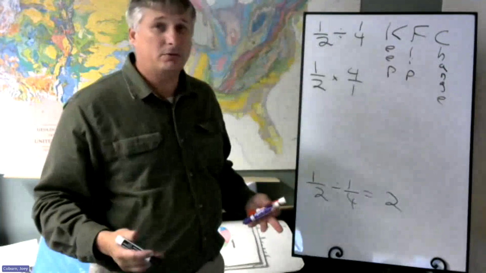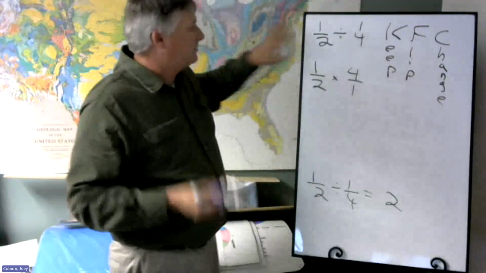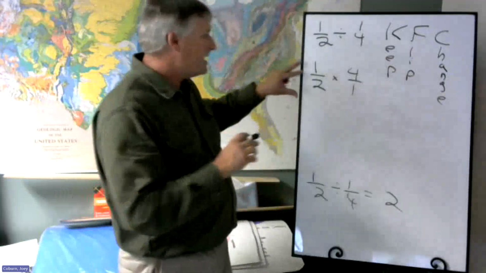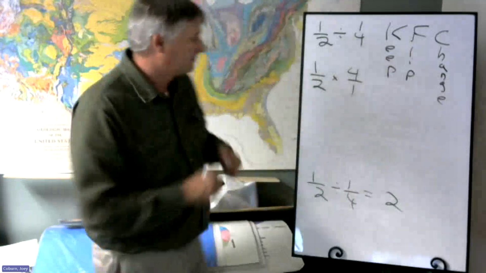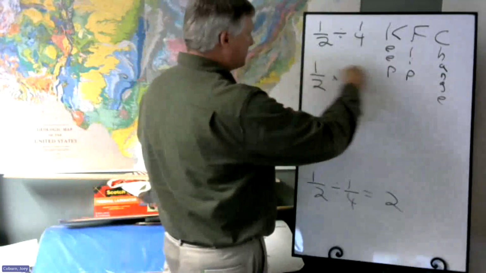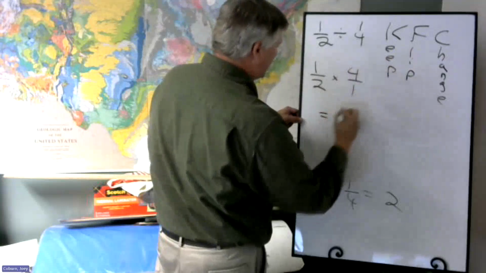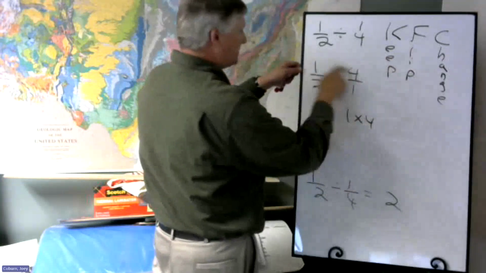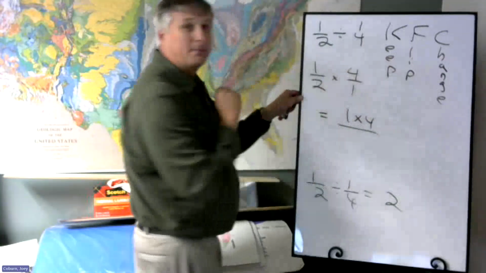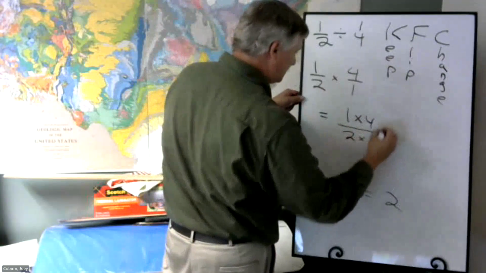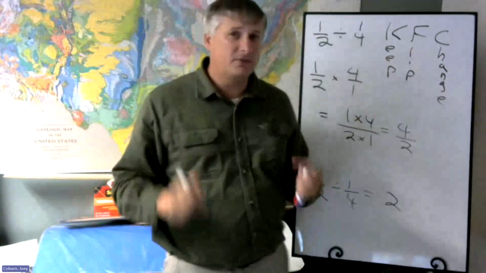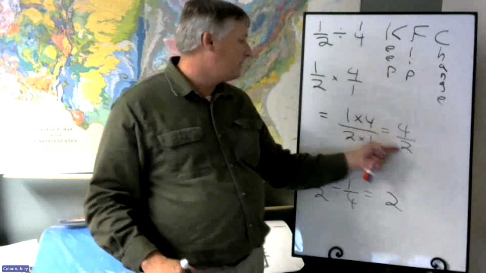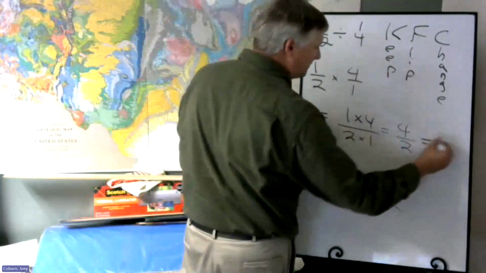So one of the things we do in mathematics is we'll take something that looks kind of unfamiliar and make some changes so it becomes something that's more familiar that we know how to solve. So we multiply directly, we'll get 1 times 4, and then 2 times 1. That gives 4/2. Now remember, fractions mean division. So this is 4 divided by 2. Sure enough, we get our answer 2.